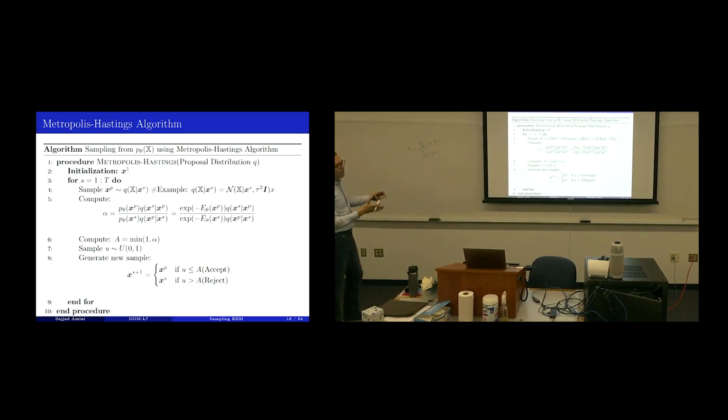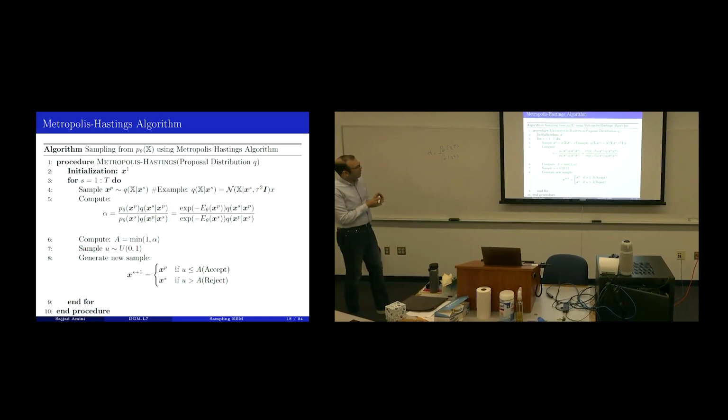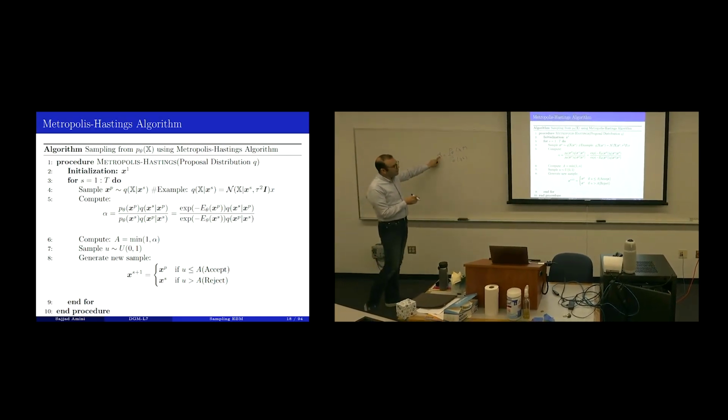Or q is something like a Gaussian that is equal for both states. Now, when is alpha more than 1? When the proposed sample is more probable than the sample you have.